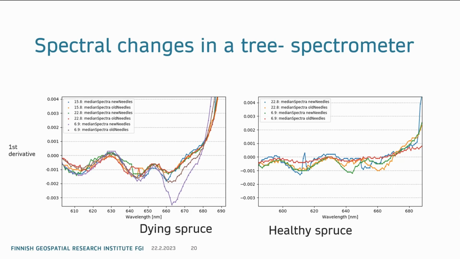So here we can see that from the last measurement the new needles were already totally dead, and it started to die already here. And here as a reference, again, the one healthy spruce, so the spectra was quite stable during our measurements.